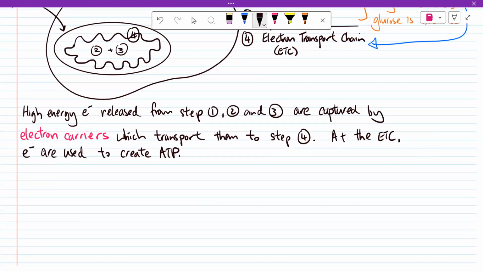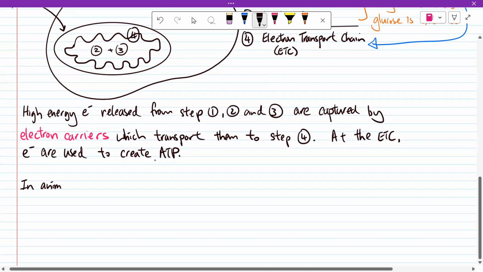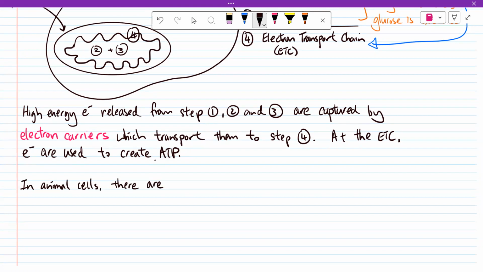So let me give you 2 examples of energy carriers. In animal cells, there are 2 types of electron carriers, energy carriers.